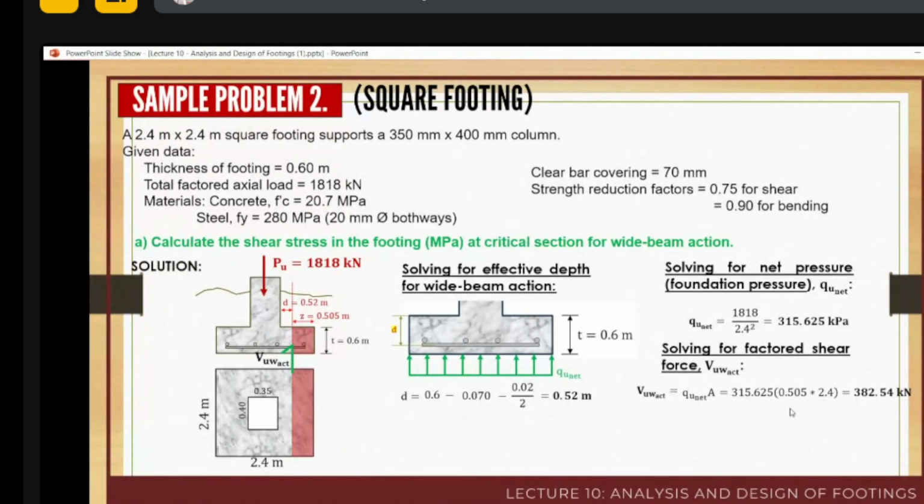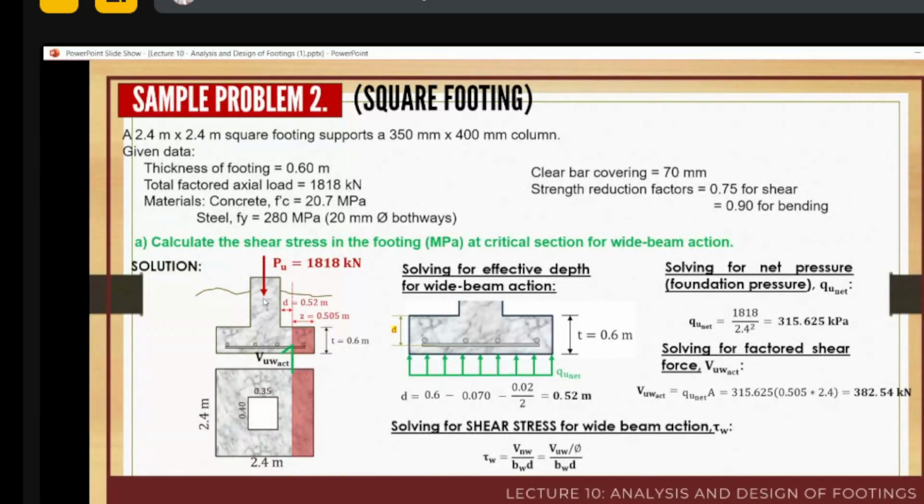So that is 0.505. If this is 2.4 and this is from the center of the footing or the column, half of 2.4 is 1.2.